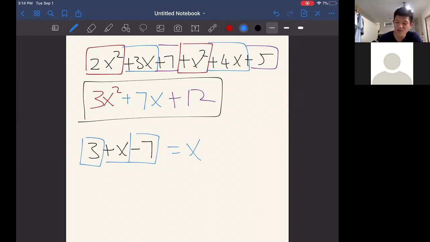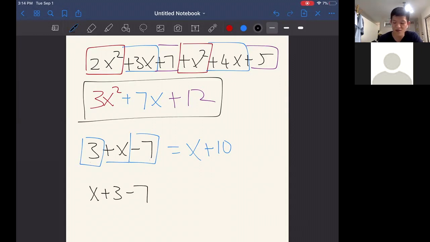But I've seen a lot of mistakes saying 3 plus 10. Why? Because you combine 3 and 7 together. But you have to look. There is this negative sign right there. When you have a negative sign, you cannot just add them. You actually have to do, using the commutative property, x plus 3 minus 7, right?